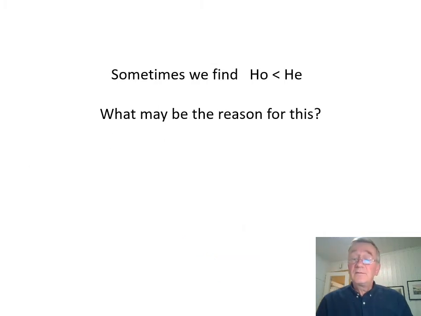In a population that is in Hardy-Weinberg equilibrium, we will find that HO, the observed heterozygosity, is similar or the same as the expected heterozygosity. But sometimes we find that the observed heterozygosity is smaller than the expected heterozygosity.